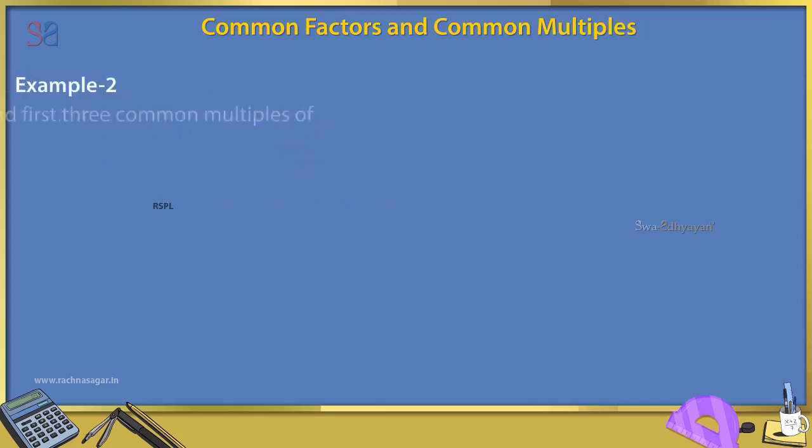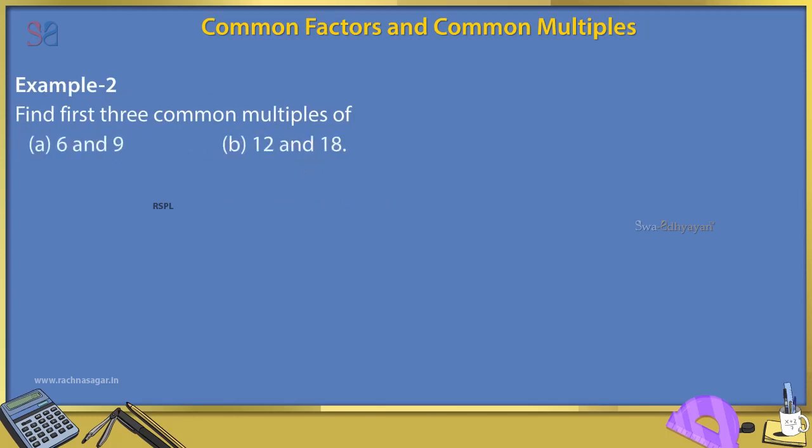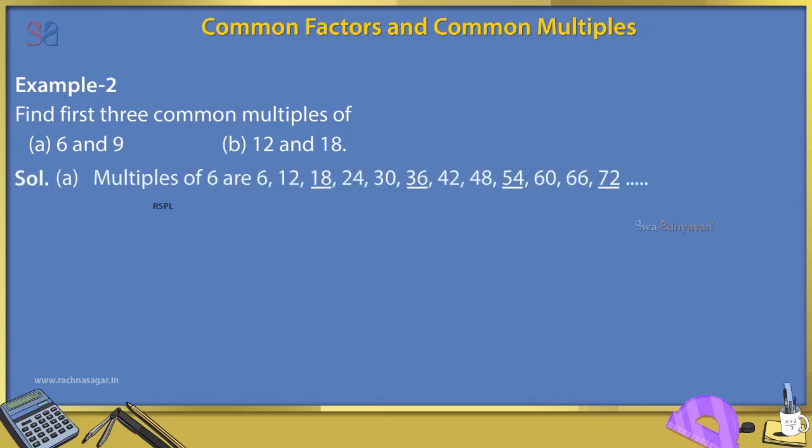Example 2. Find first three common multiples of A. 6 and 9, B. 12 and 18. Solution. A. Multiples of 6 are 6, 12, 18, 24, 30, 36, 42, 48, 54, 60, 66, 72 and so on.